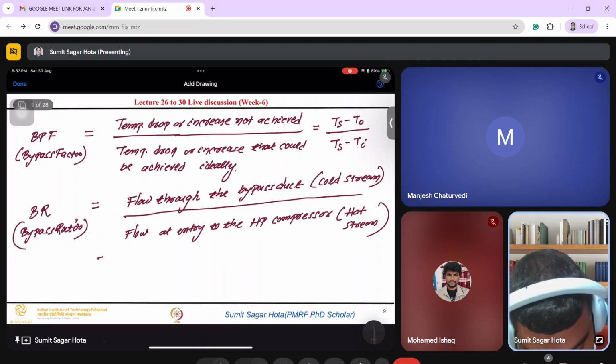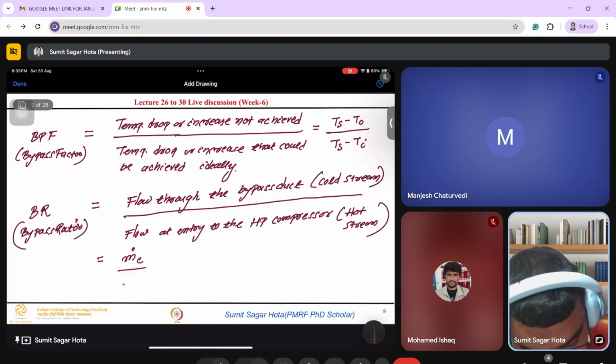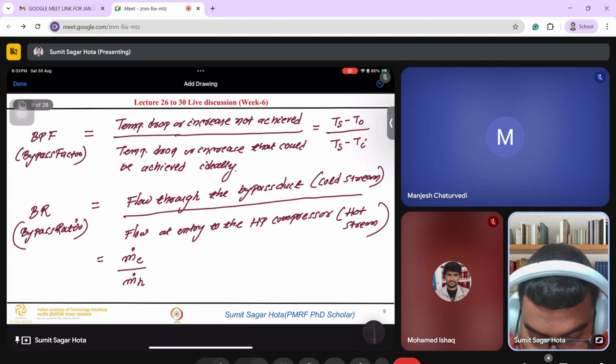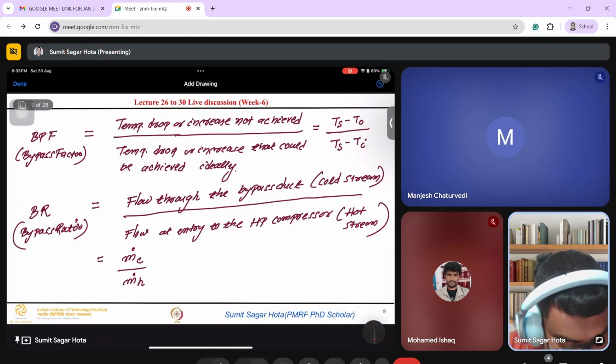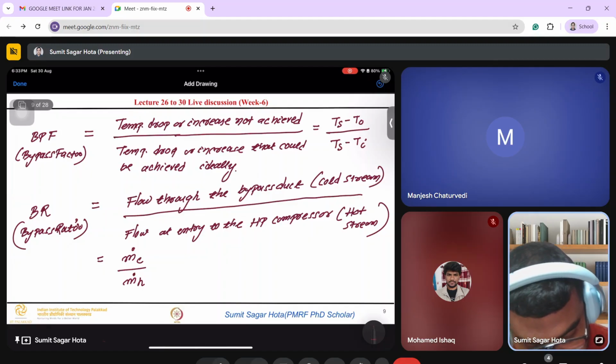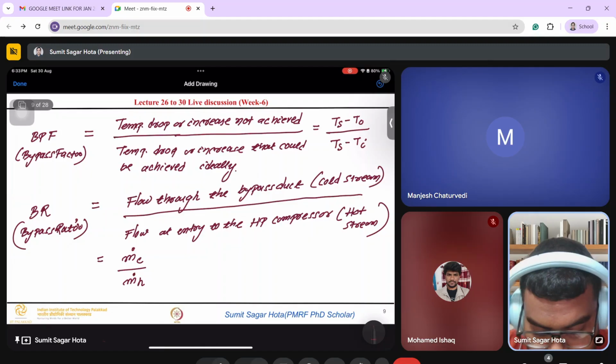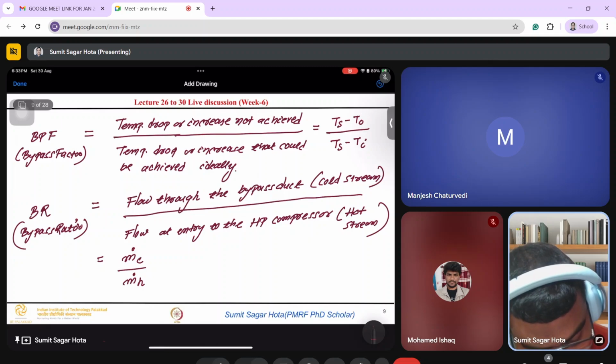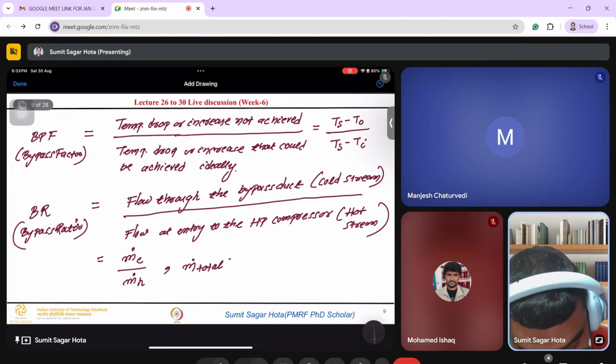So this can be written as m dot c, the cold stream flow, to the hot stream flow. We can also define the total flow: m dot total is m dot c plus m dot h.